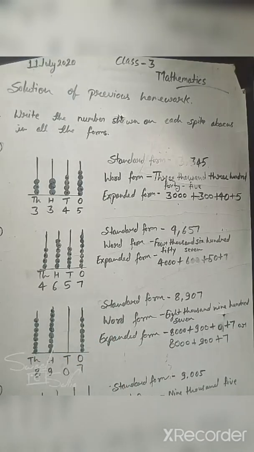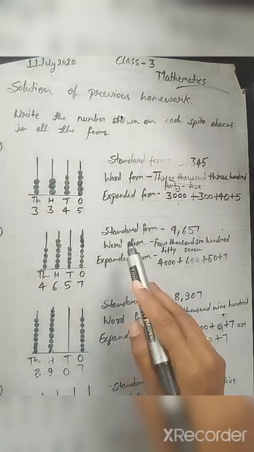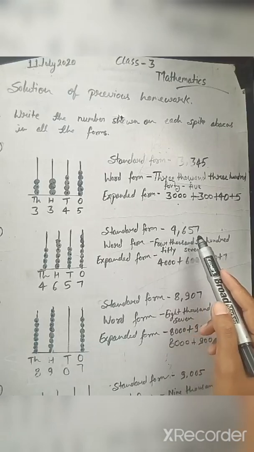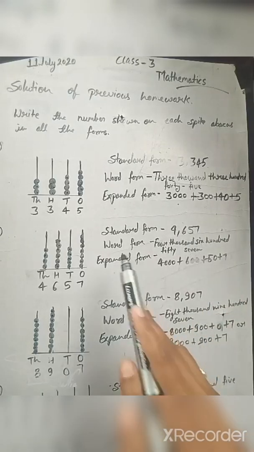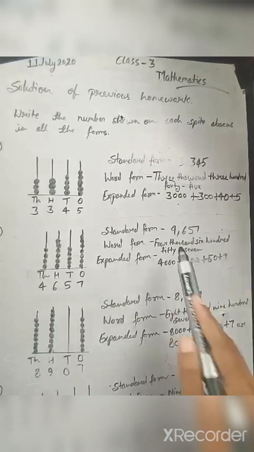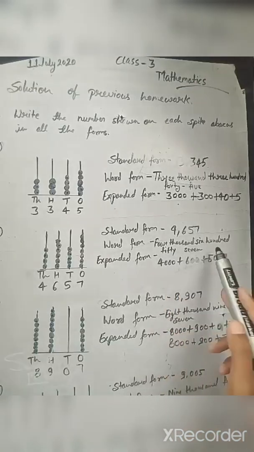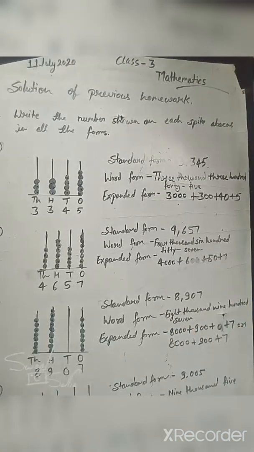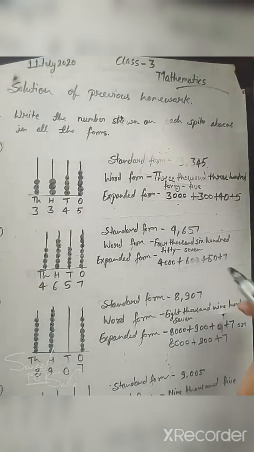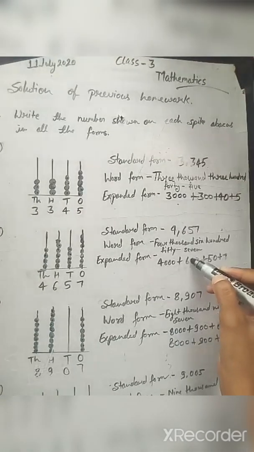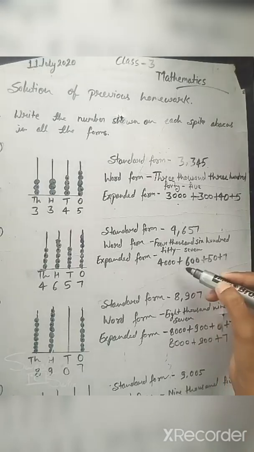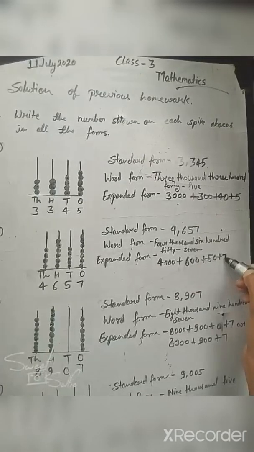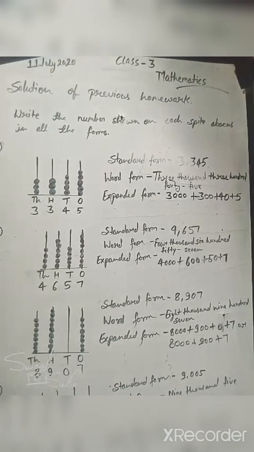So in standard form we will write it as 4657, and in word form, as we are reading, 4657. Okay, and in expanded form, according to their place value, 4000 plus 600 plus 50 plus 7. Okay.